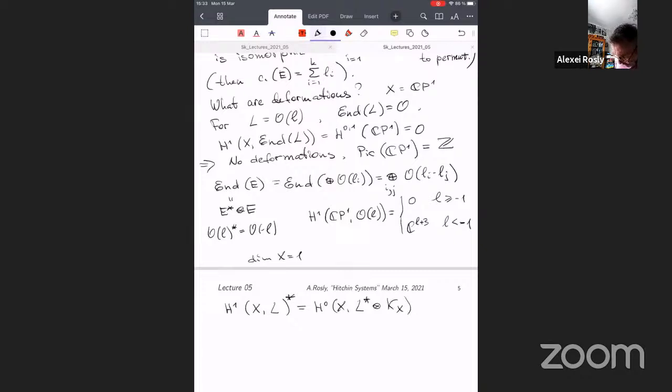For X equal to CP1, the canonical bundle is O of minus 2. So we get the same. L star is the same as L to the minus first.